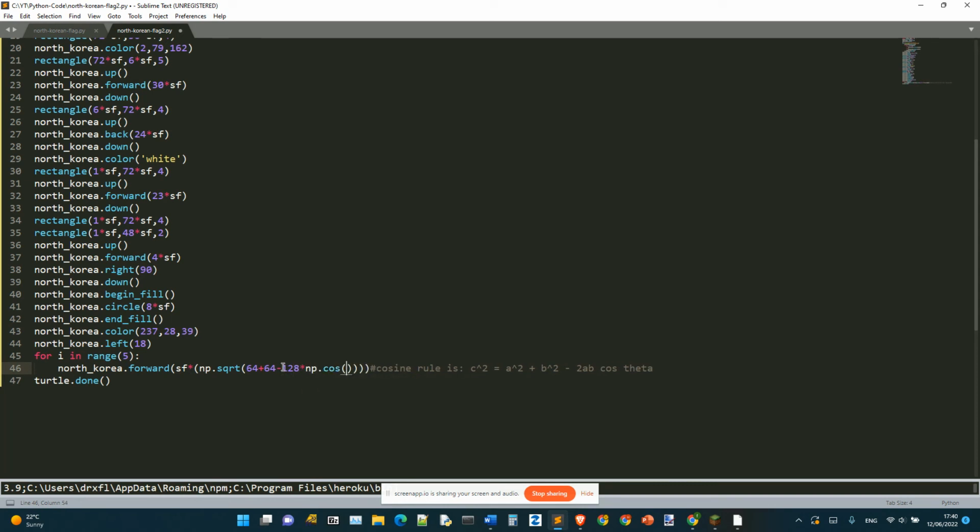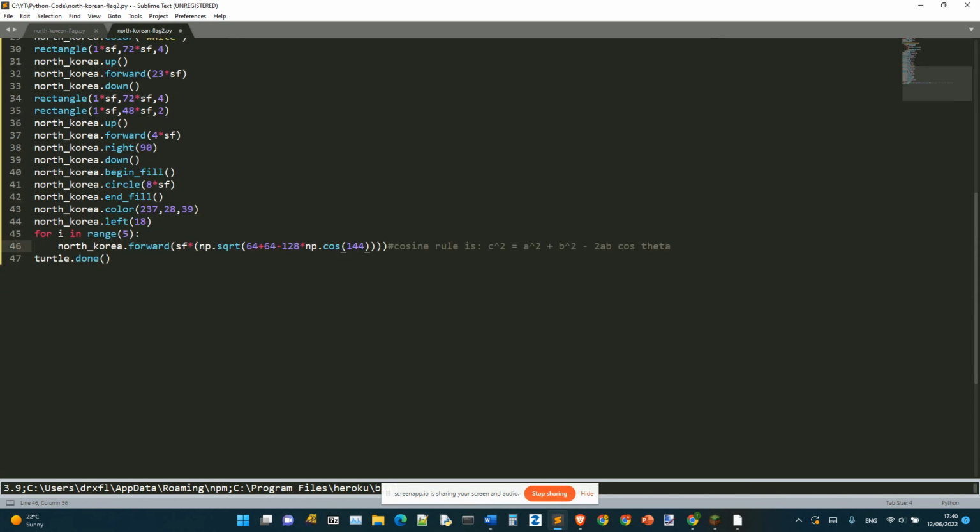cosine, and we cannot just put 144. The reason is that np.cos does not take degrees. It takes radians, not degrees. The degrees, if you calculate that, will be 144, because the angles at the points of a star are 36 degrees, and if you connect these together it works out.